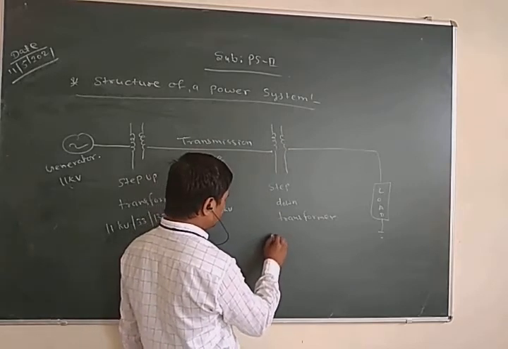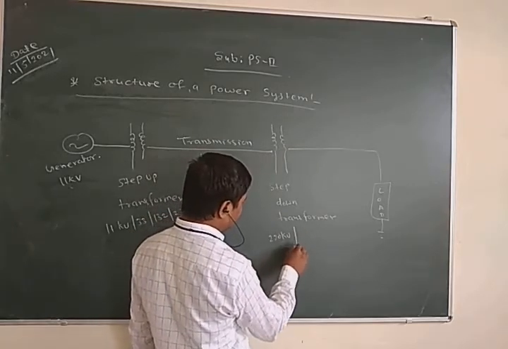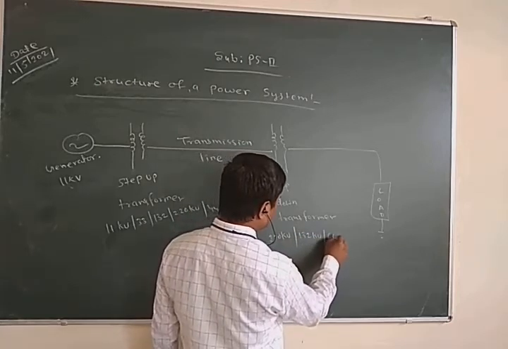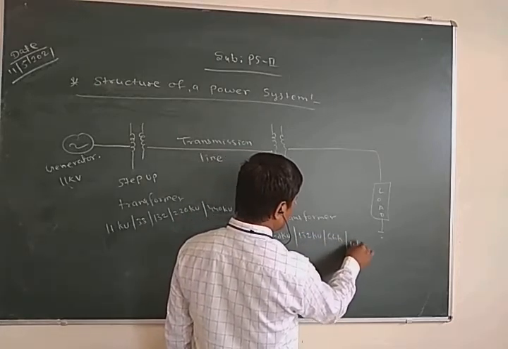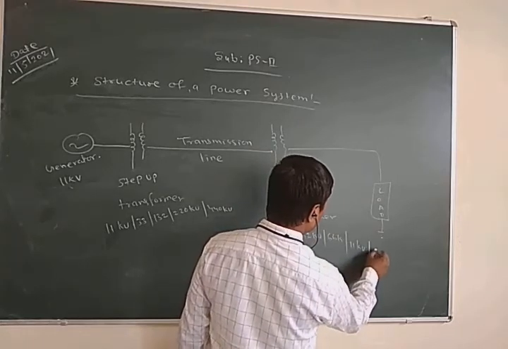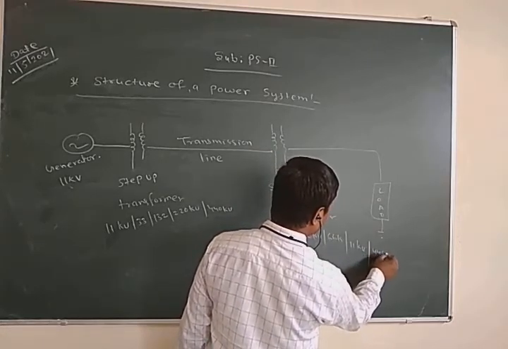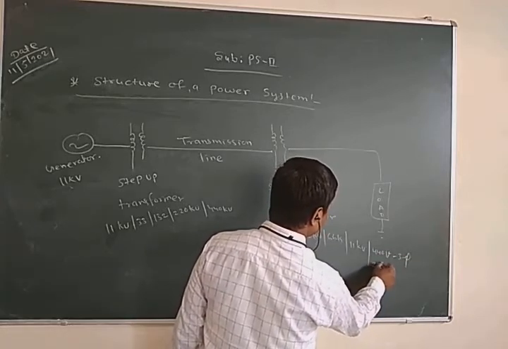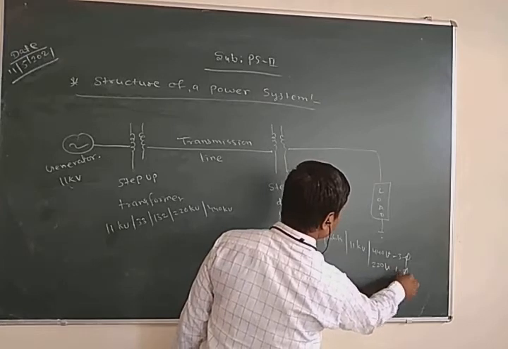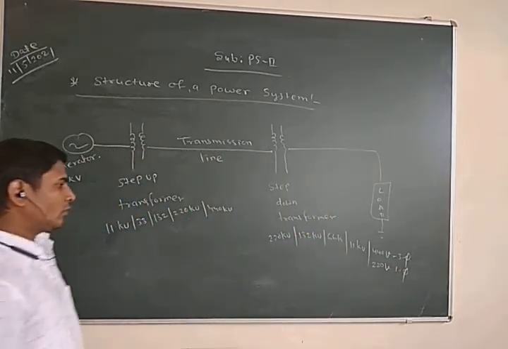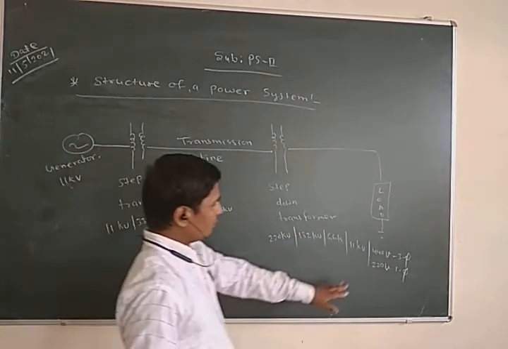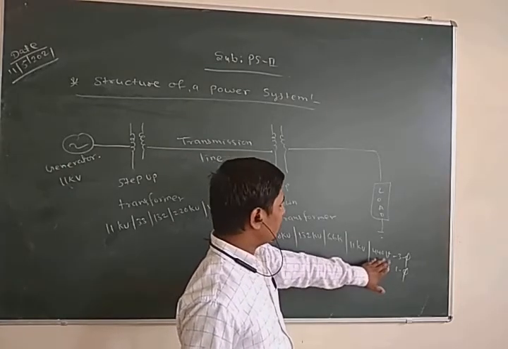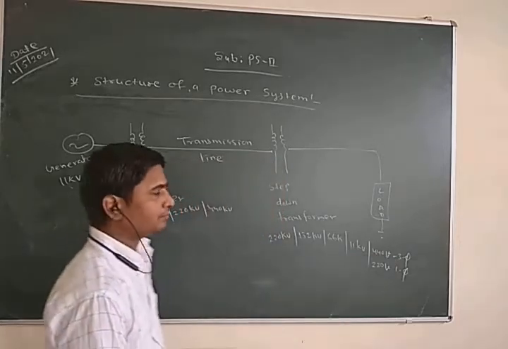So here 220 kV is reduced up to 132, 66 kV, 11 kV, and we can use 400 volt 3 phase and 220 volt single phase, because our loads are operating at 220 volt single phase and 440 volt 3 phase supply.